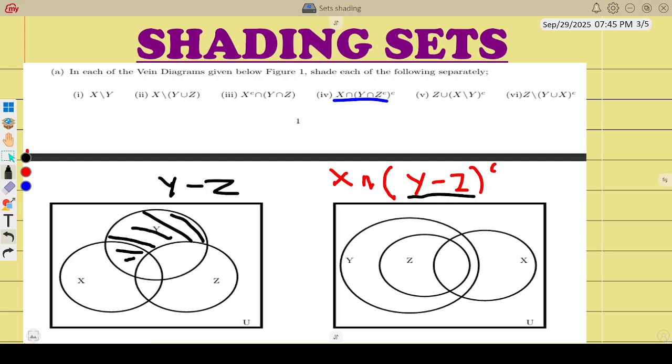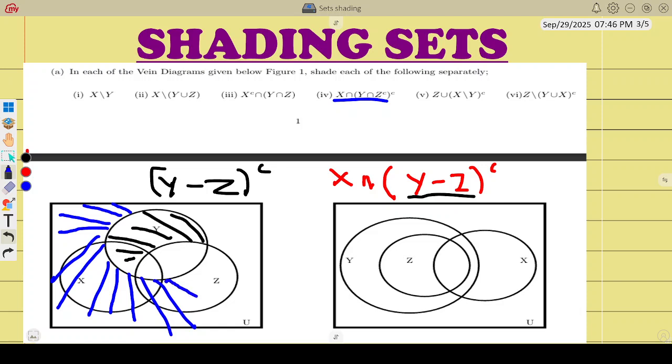But we're not shading anything in z. This is y minus z. But remember, since we have a complement, it simply means we shade outside here. So meaning this is y minus z complement. You shade outside. The whole thing in blue, it is y minus z complement.